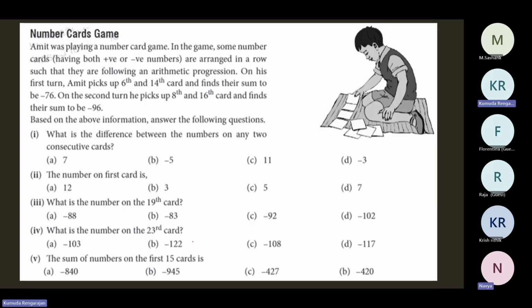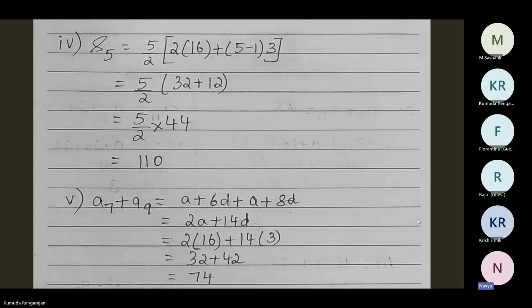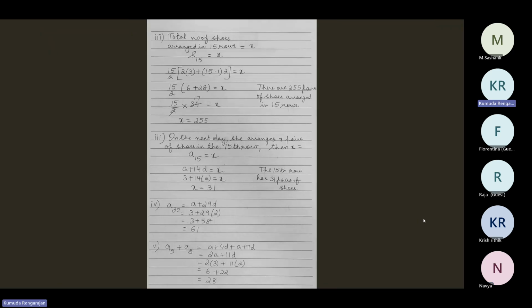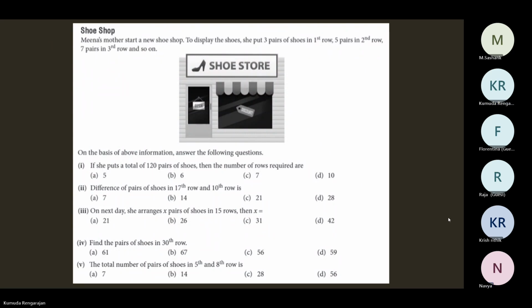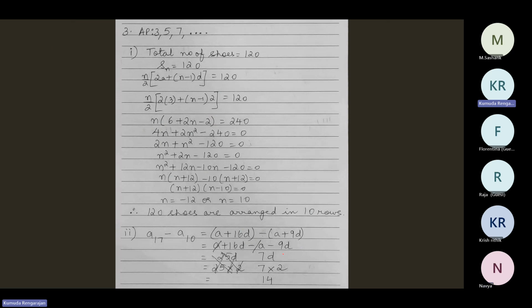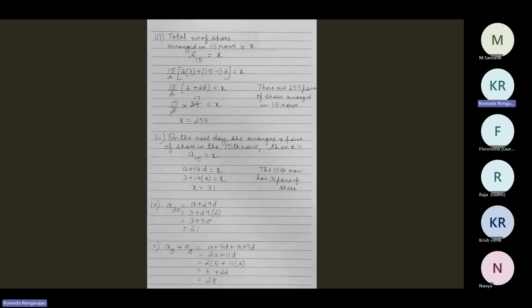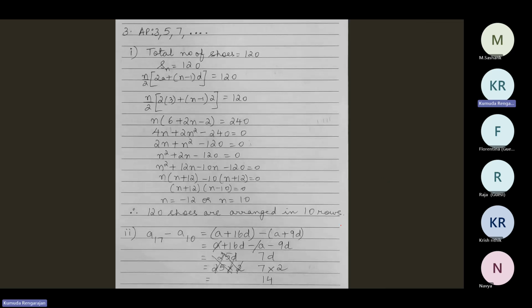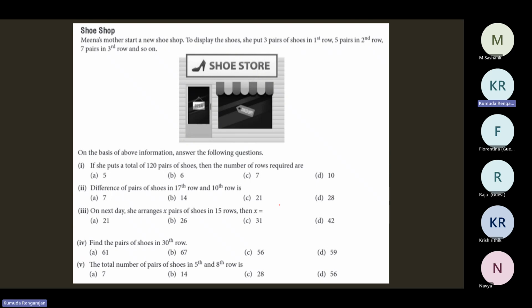Ma'am, in the third case study, the third question. Right, here also. Correct. Even I had a problem there. Yes, Navya, let me hear from you. I want to know if you also understood the way I understood.